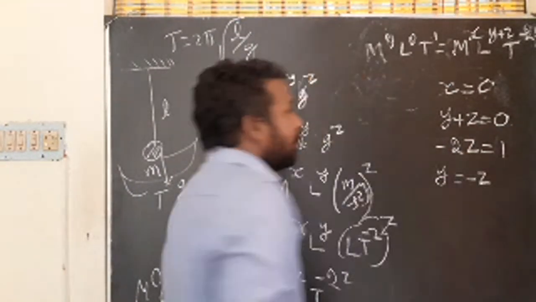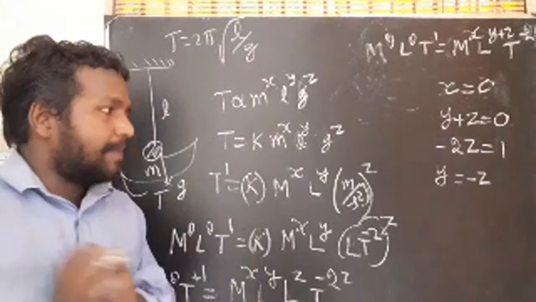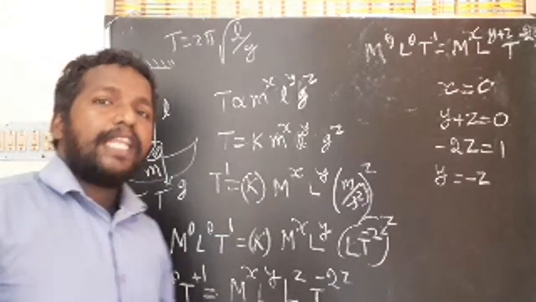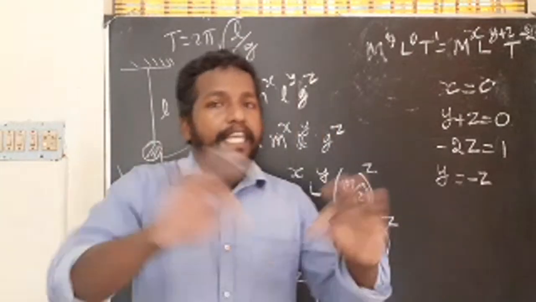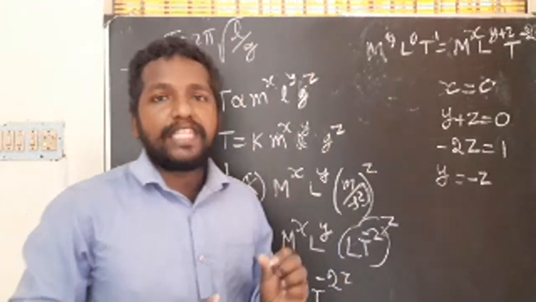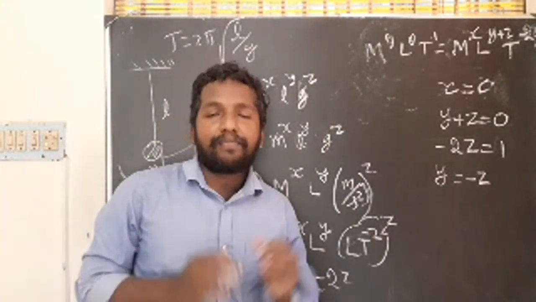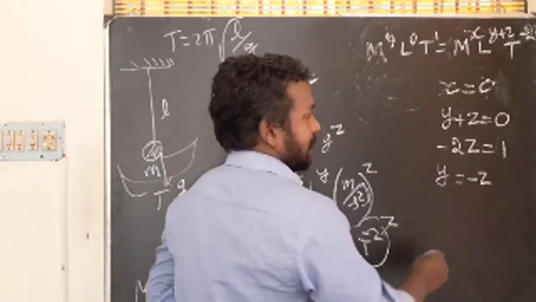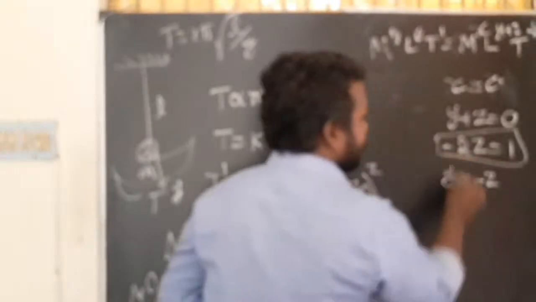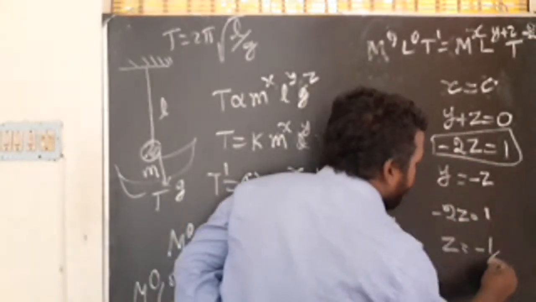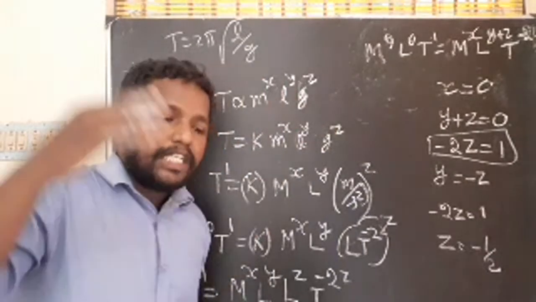So now we are doing application of dimensional formula. First application, it is used for checking dimensionally whether the equation is correct or wrong. Second one, we can find the relation among the physical quantities. So Y is equal to minus Z. Third equation: minus 2Z is equal to 1, Z is equal to minus 1 by 2.